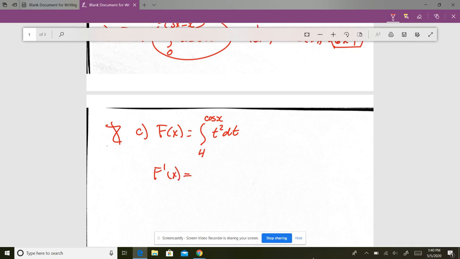Well, the first step is the cos x goes in for t. So you get cos x squared times the derivative of cosine. What's the derivative of cosine? Negative sine of x. To clean that up, it would be negative sine of x times cos squared of x.